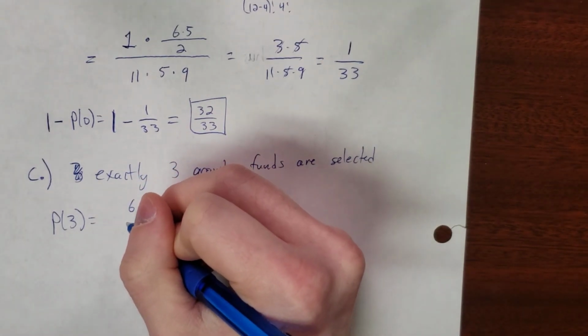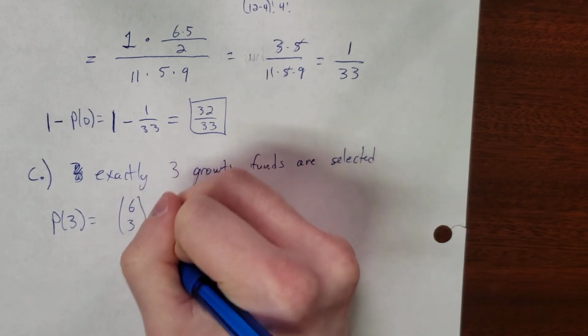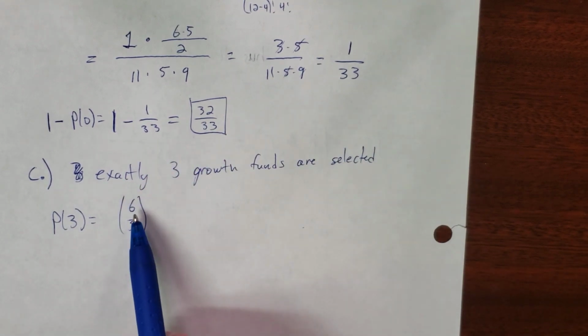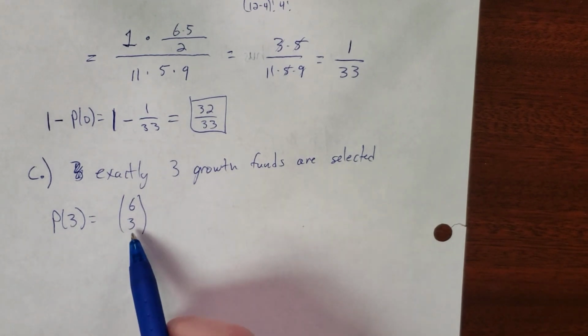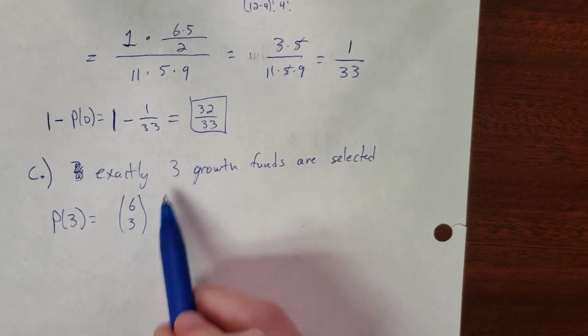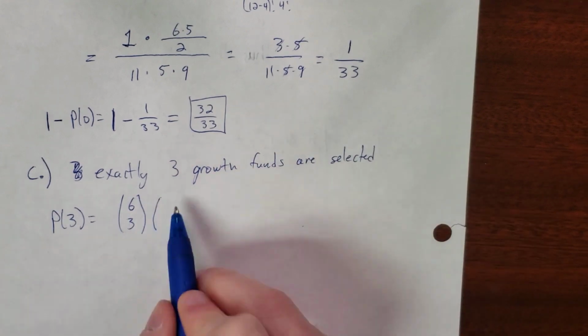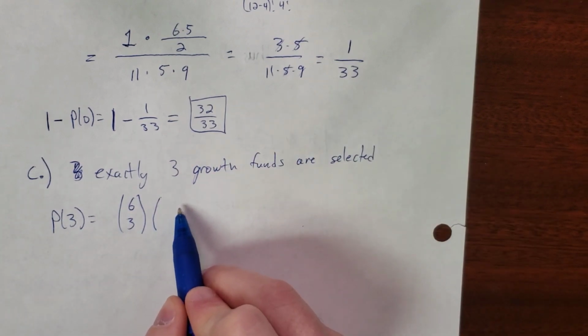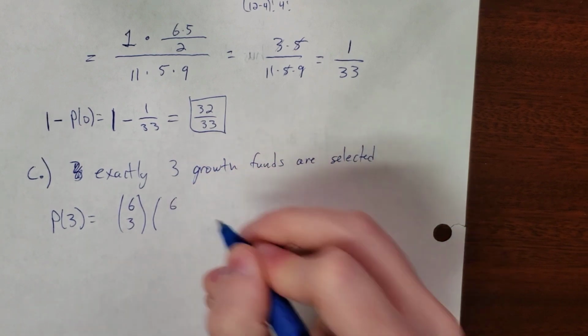6 choose 3 now, because capital E was 6. That is the number of growth funds in our population. 3 is the number of growth funds we want to select. All right, that was our x. And then we get capital N minus E. So that should remain the same. That was 12 minus 6, which is 6.